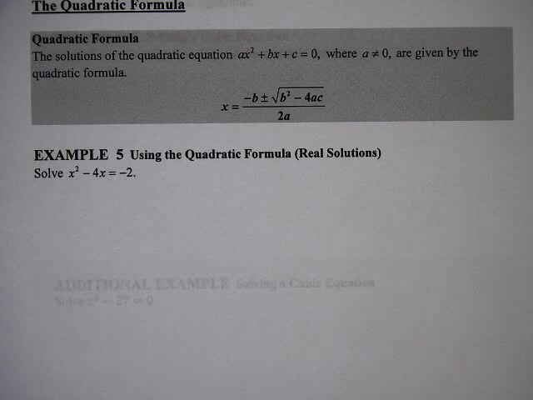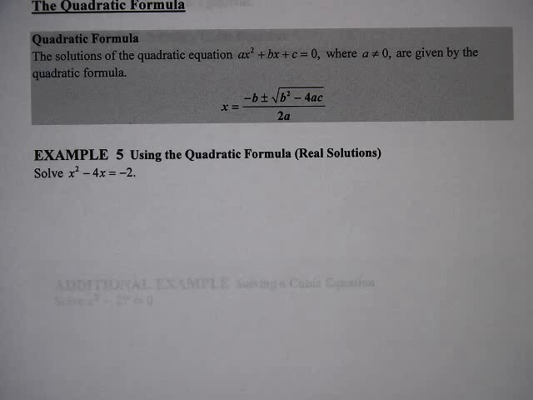Now, we can use the quadratic formula to solve quadratic equations that cannot be factored. You can use it to solve any quadratic equation, even one that can be factored. However, some quadratic equations cannot be factored, and so we must use the quadratic formula to solve these equations.